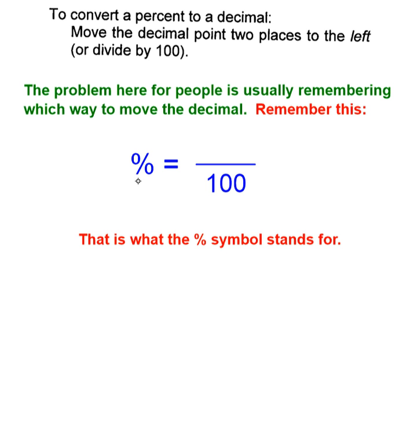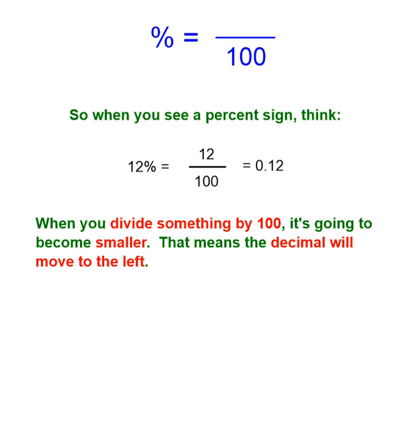If you remember that the percent symbol really means over 100, that's what the percent symbol really stands for, then it means that you can do the conversion. 12% becomes 12 out of 100 because the percent just turns into the over 100. And then if you know your fractions and decimals, 12 hundredths is written as 0.12.